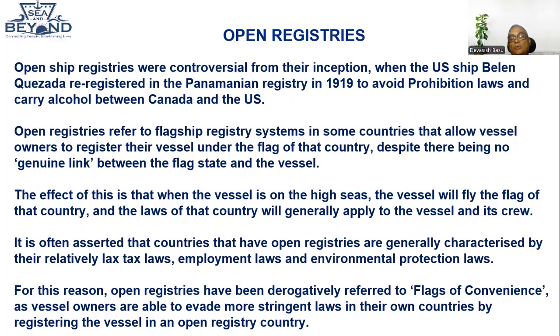If you are in Europe or USA, the laws are very rigid, but in these countries it is not that rigid. For this reason, open registries have been derogatorily referred to as flags of convenience. So when you say flag of convenience, it is not something good you are talking about, as vessel owners are able to evade more stringent law in their own country by registering a vessel in an open registry country.